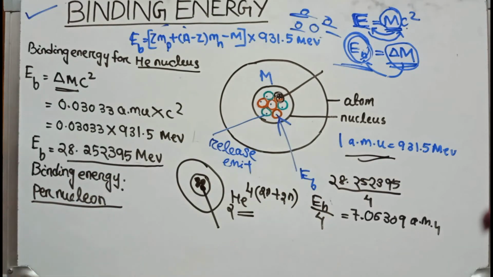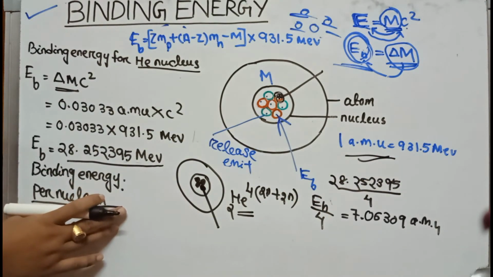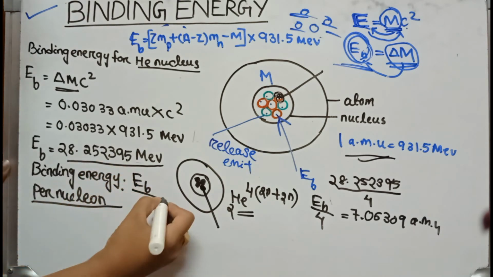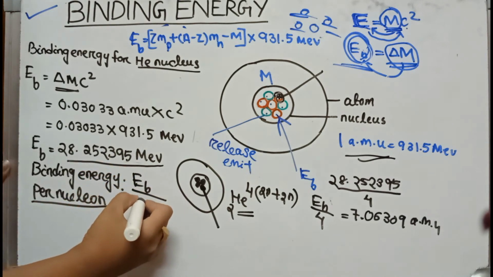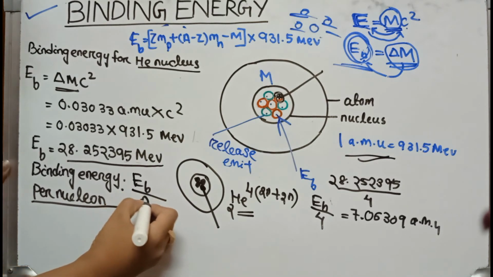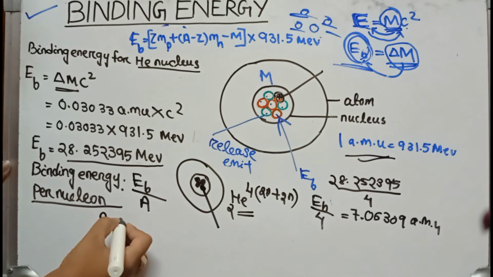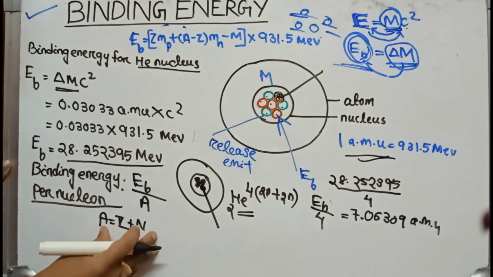Here we clear that binding energy per nucleon means binding energy divided by the number of nucleons. Number of nucleons means the mass number, which is nothing but the sum of protons and neutrons. That means the number of all nucleons.